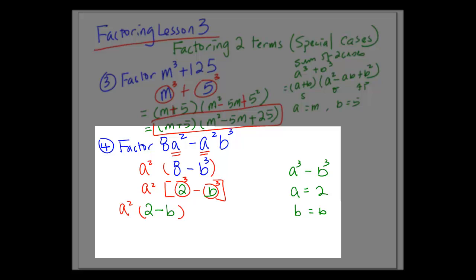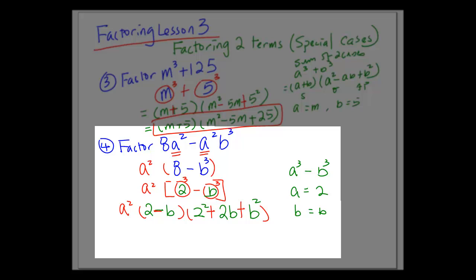And then my sandwich, meaning that the first term needs to be squared, which is 2 squared, and then the last term needs to be squared, which is b squared. And I need one of each, so it's going to be 2b. And the sign is going to be SOAP, right? So it's going to be same here with the difference of 2 cubes, opposite of that, the last term is always positive.